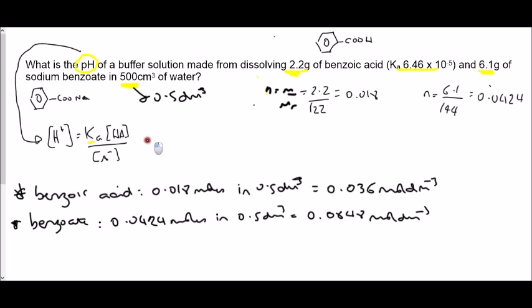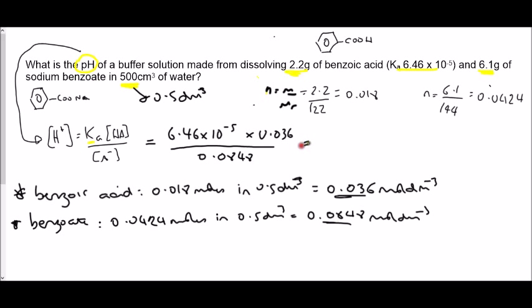Then we can substitute everything into this Ka expression. So Ka comes from the question at the top. Concentration of the acid is here. Concentration of the negative ion, the benzoate, is there. And then we need to find an answer.